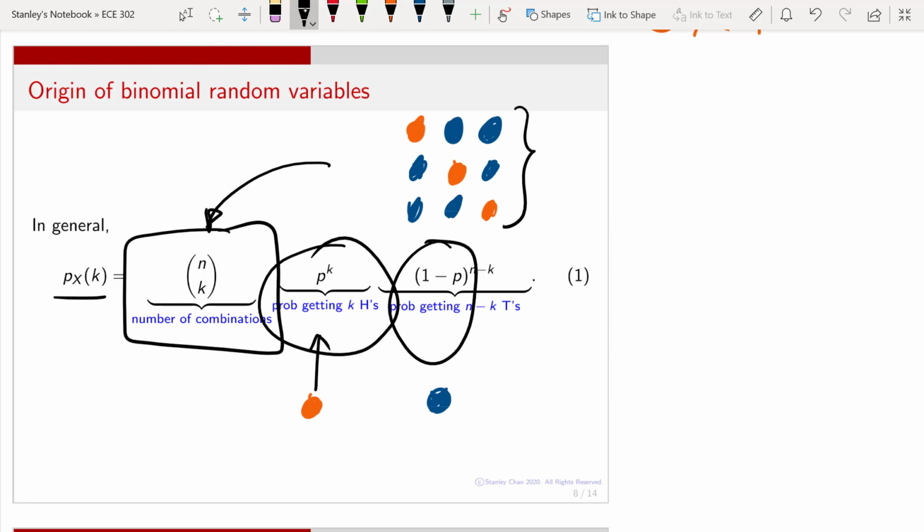So that will give you this 1 minus p, and then the probability of getting the other one should be n minus k, because k has gone to the other case. And so you're counting this probability. This is the product of all the individual events, and then you have this n choose k to take care of the redundant possibilities. That will give you the probability mass.